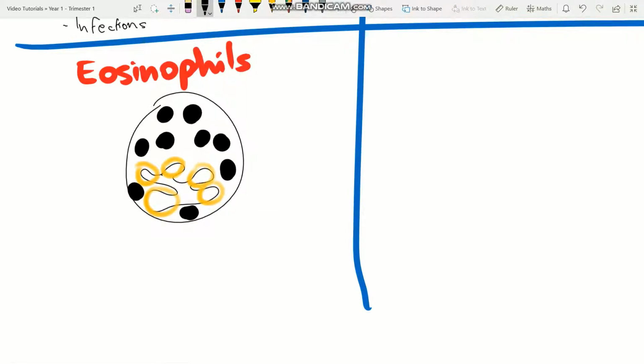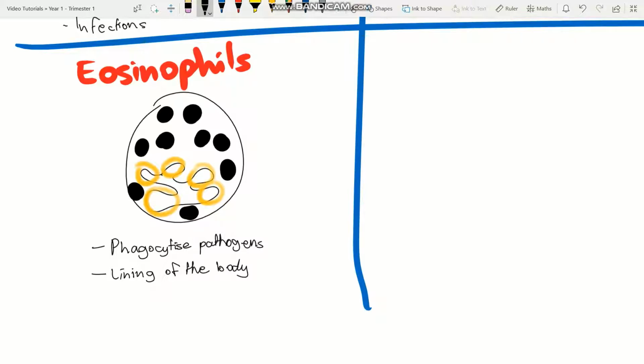So, because these cells have such a similar structure, their mechanism of action is quite similar to neutrophils as well. They are able to phagocytize bacteria and other pathogens. And in this ingestion of these particles, they are able to be present in the linings of the body, as these are quite important parts of the body that must be protected, and are able to actually absorb quite a large number of pathogens at once.